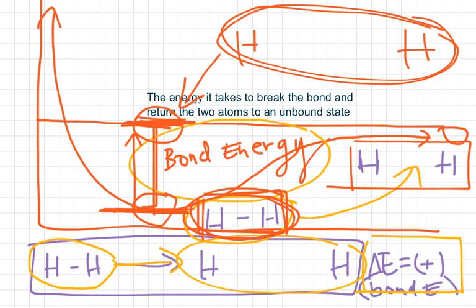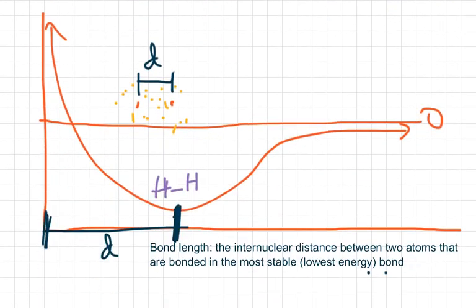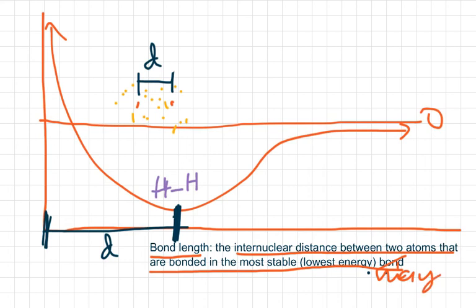So let's now look at one last thing. This will be about bond length. Now, bond length is the internuclear distance between two atoms that are bonded in the most stable way. So, where in the graph is the H and H most stable at? Well, remember, the most stable place is to be at the lowest energy.